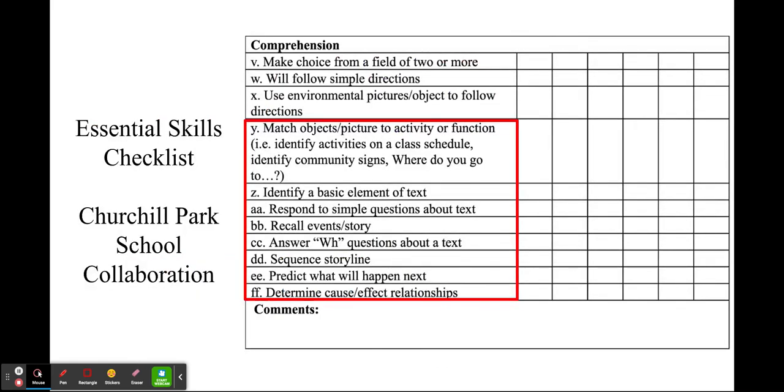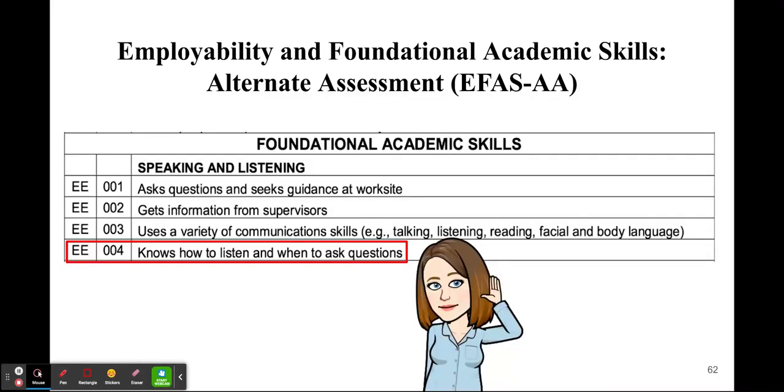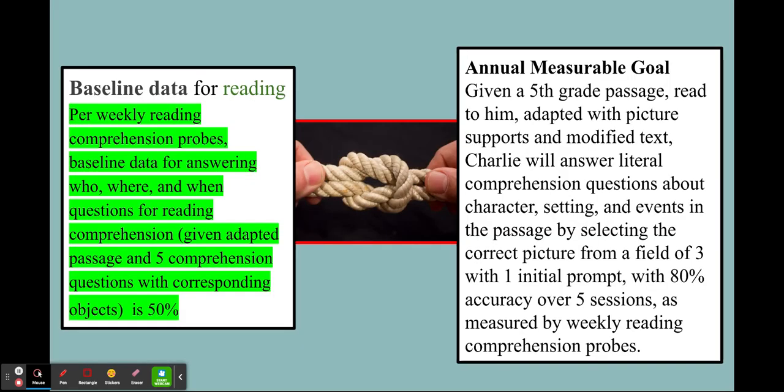Next, we're looking at the essential skills checklist, and we can see that WH questions is something that we consider an essential skill. Next, we're going to look at the employability and foundational academic skills, or the EFAS standards. If you look at the last one, it says knows how to listen and when to ask questions. So here is our goal.